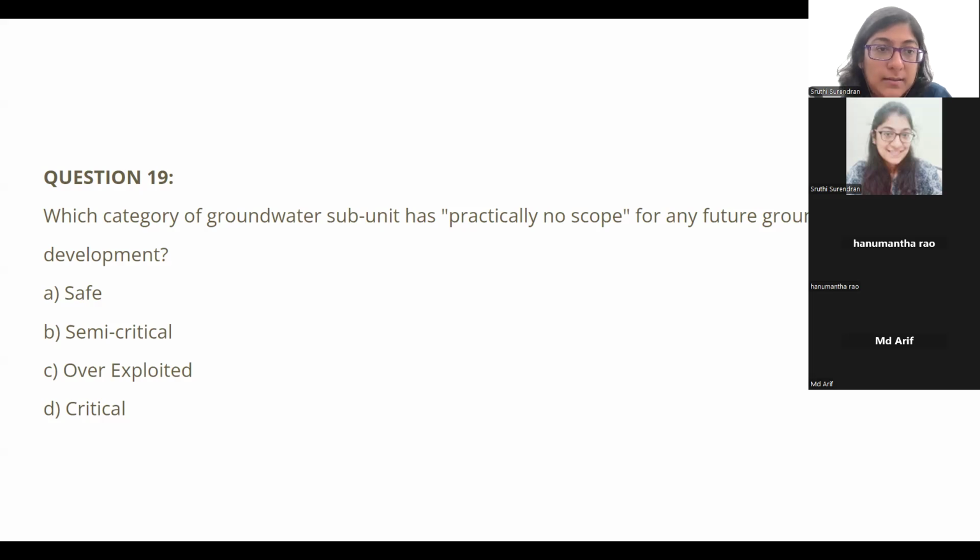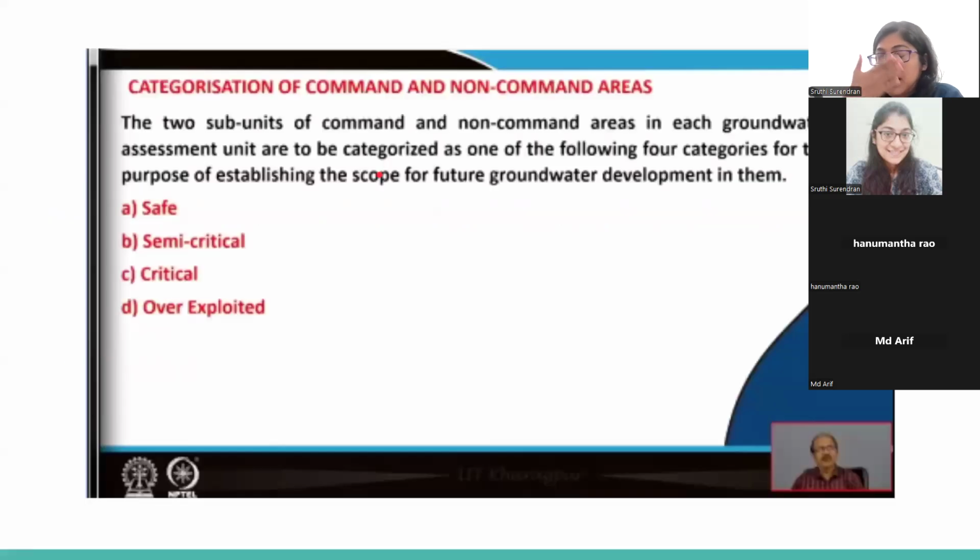Okay, so let's go into further subcategorization of command and non-command area. First we saw there is a general classification of the assessment units that includes blocks, taluk, mandal and watersheds. Within that, based on the terrain and the quality of water, there are hilly area, poor groundwater quality area, command and non-command areas.